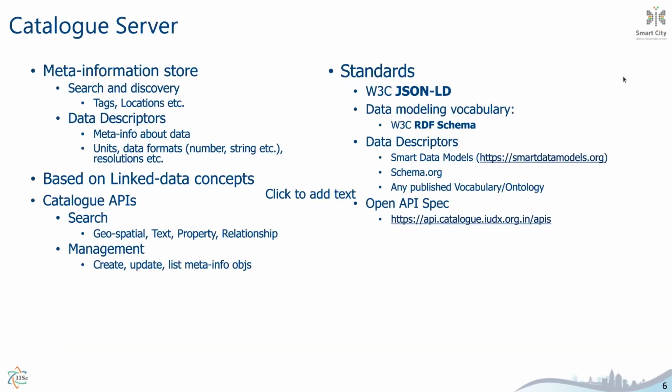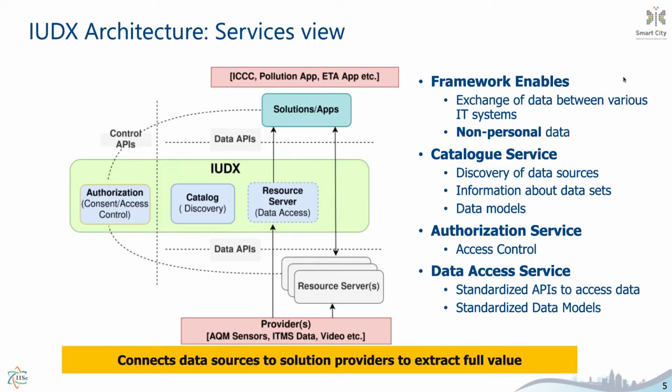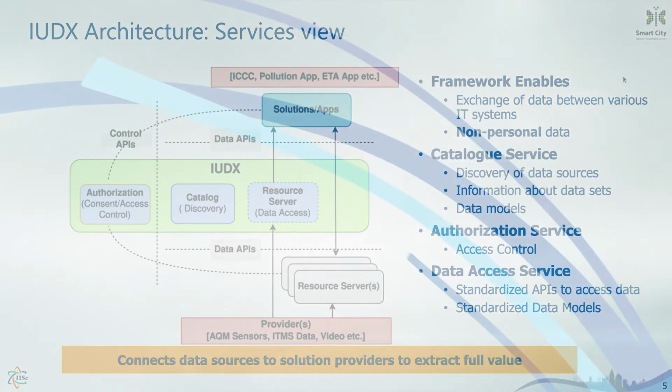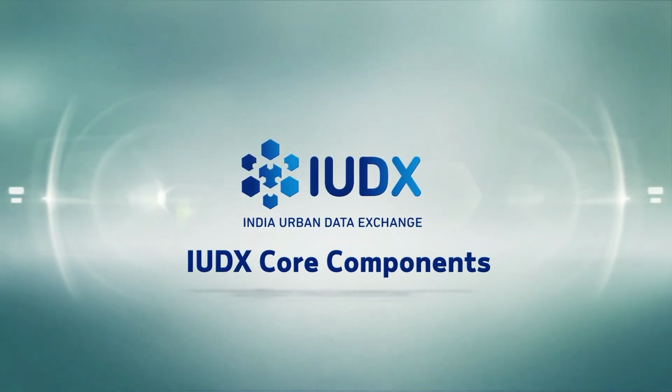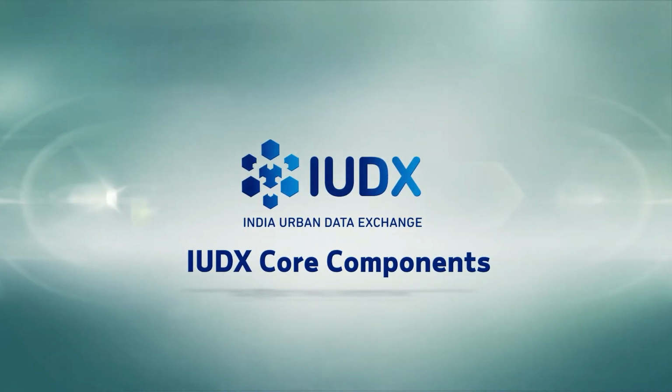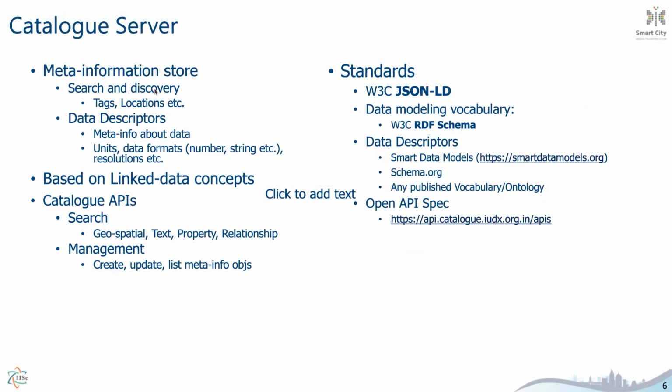Now, let us look into each of these services in slightly more detail. First, let's look at the catalog service. Catalog is essentially a meta information store for each data resource.